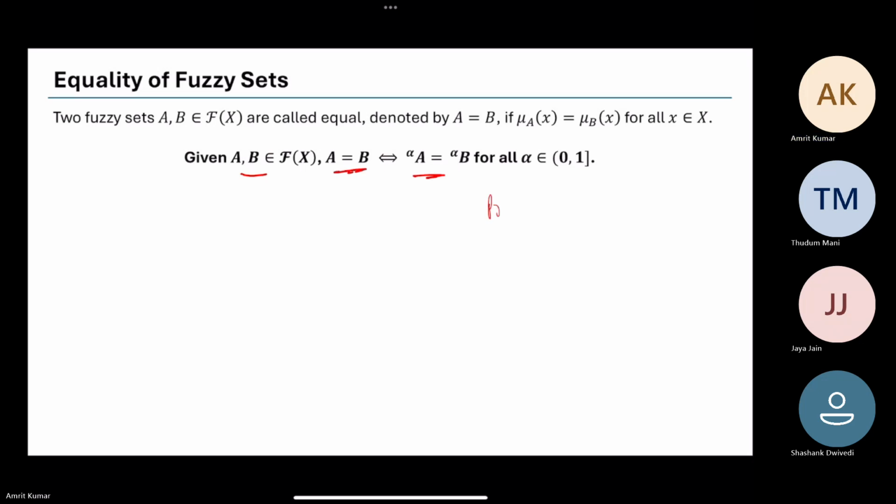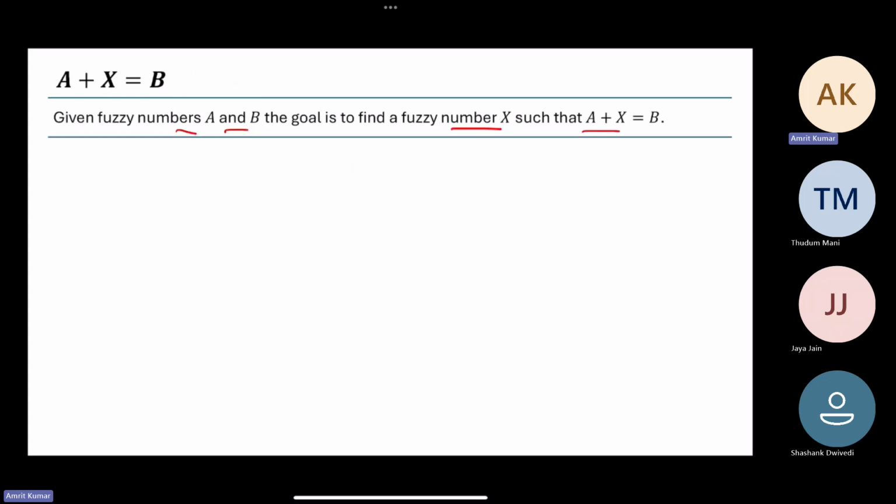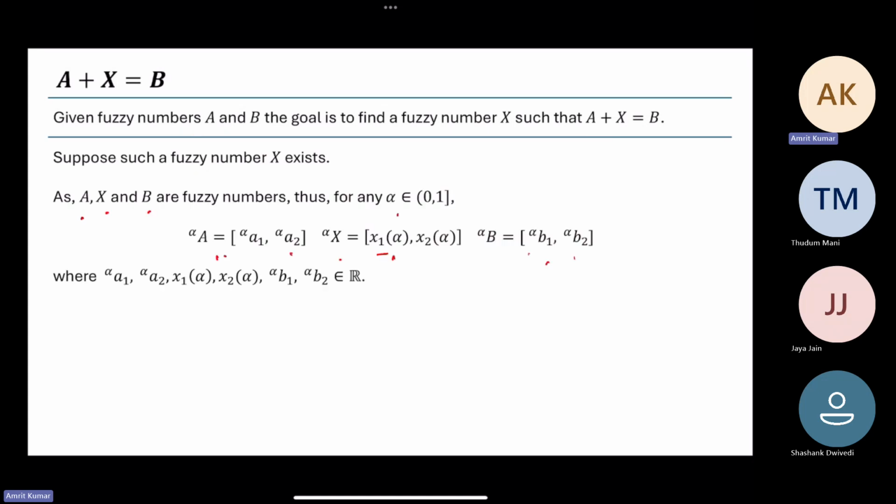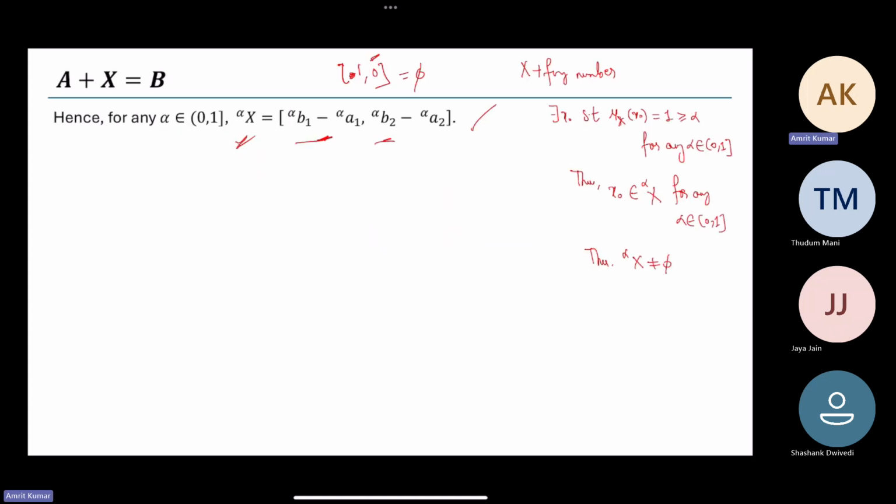Now, prove this yourself. It's not very difficult to prove. But what you should remember is that to show that two fuzzy sets are equal, it suffices to show that all their alpha cuts for alpha greater than 0 are the same.